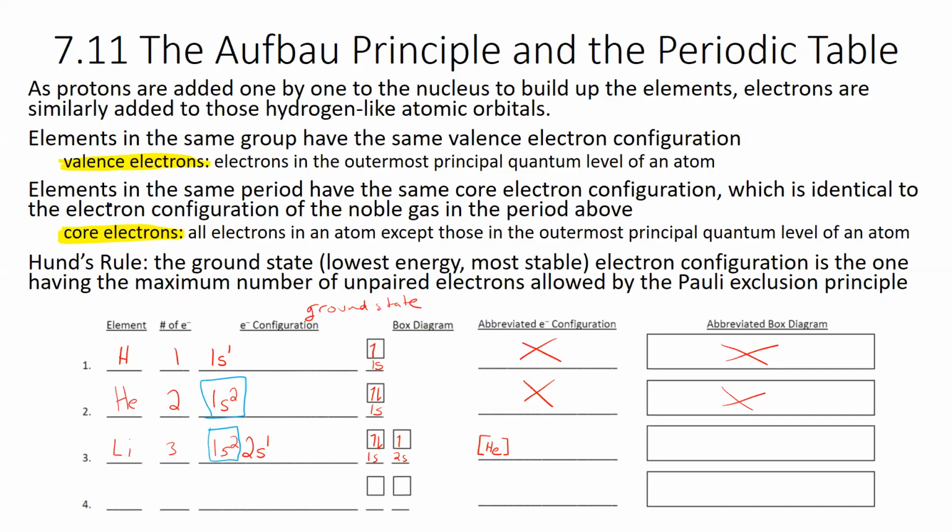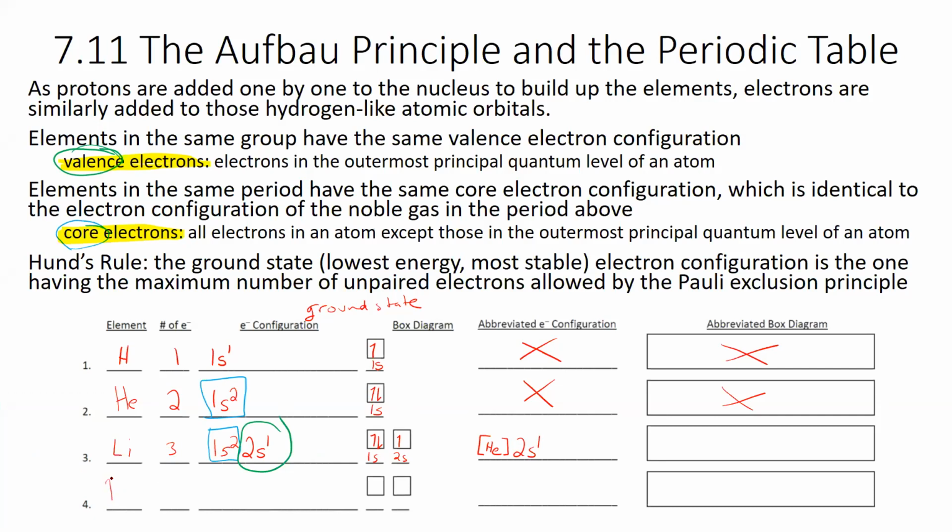And then the valence electrons will be in green. So when you have the abbreviated electron configuration for lithium, the core electrons are depicted in brackets around the noble gas of the row above, the helium, and then you just write in the valence electrons. So you have the 2s, and there's 1 electron in that orbital.